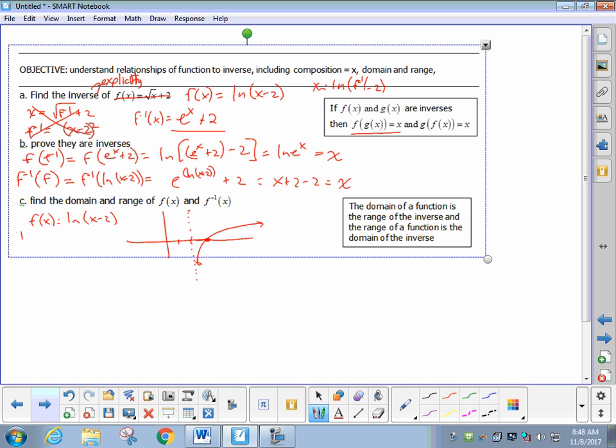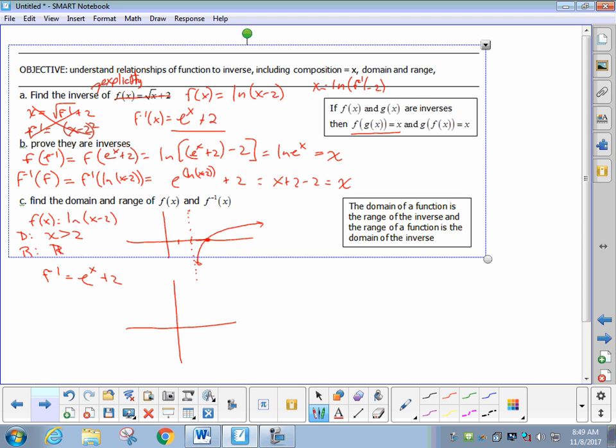What's the domain? X is strictly greater than 2. What's the range? All reals. Okay. Now, f inverse we found was e to the x plus 2. What does e to the x graph look like?